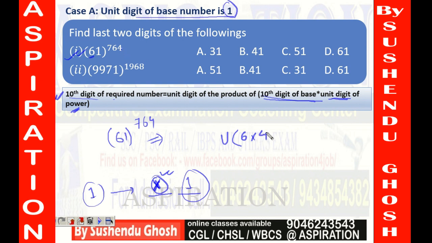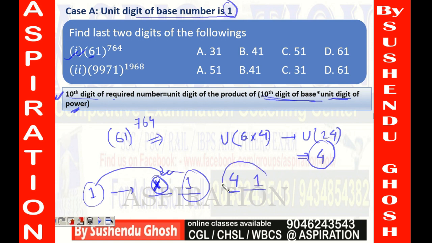That is 4. So the unit digit of 6 multiplied by 4, that means the unit digit of 24, is 4. So what will be present in the tenth place? That is 4, and it will always give you 1 in the unit place. So 41 will be the last two digits. So option B is correct.